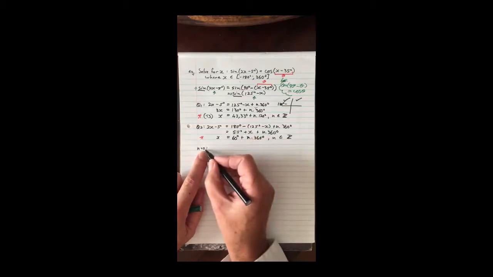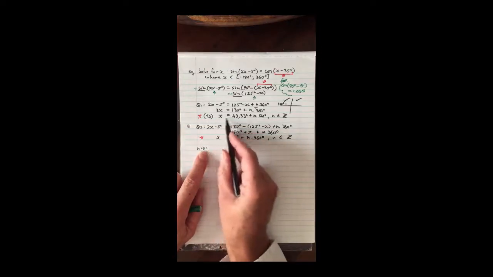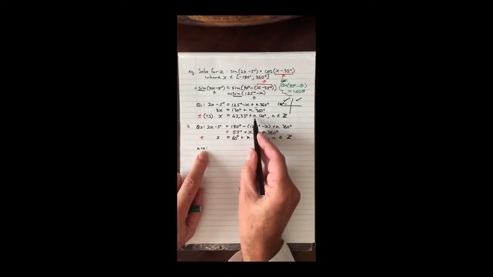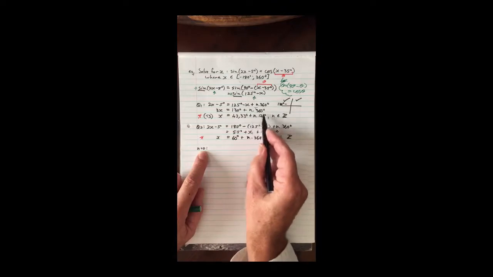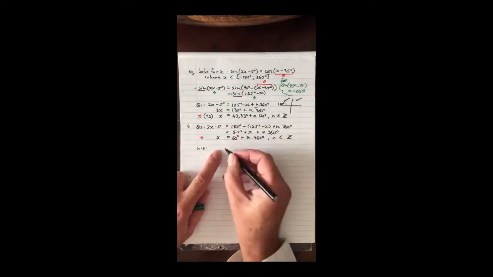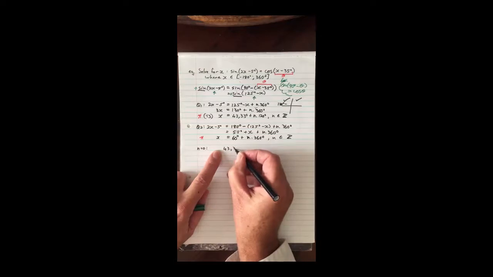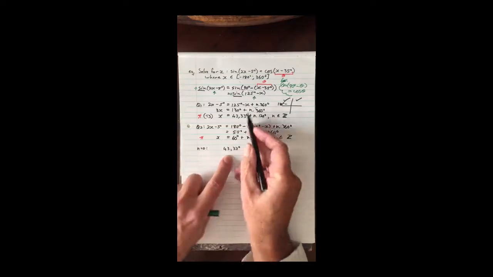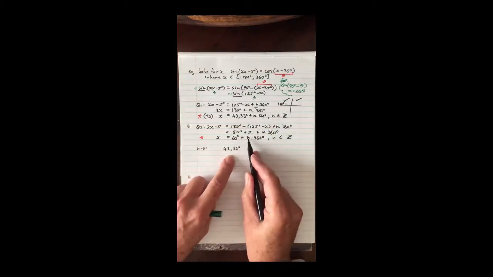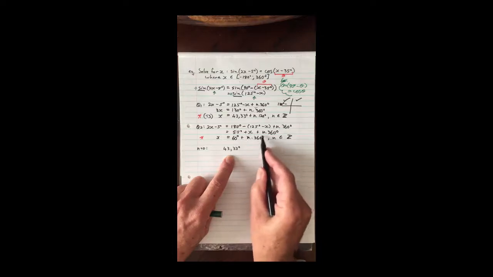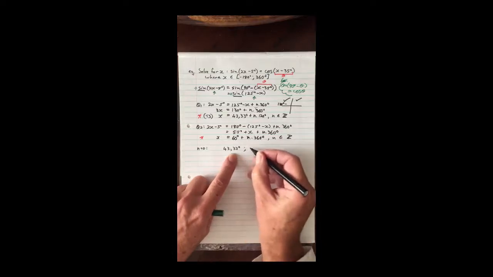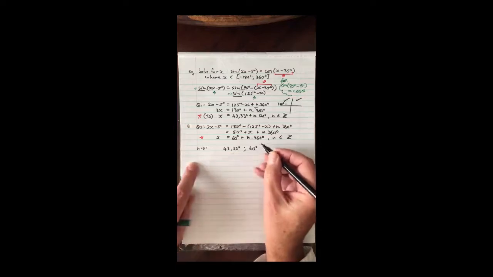So let's start with n equals 0. If I substitute 0 in there, then that becomes 0, so I'm only left with 43,33 degrees. Jump to this one over here. n is 0, this whole term becomes 0, so I only have 60 degrees over there.